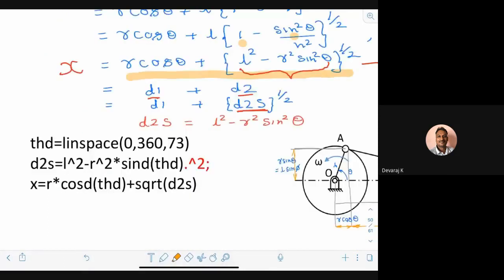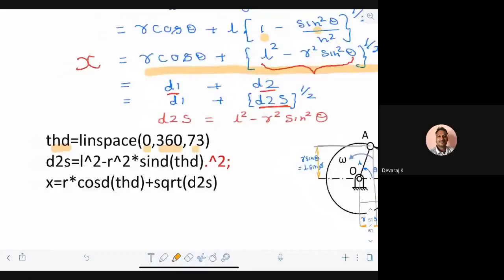When you code it here, remember you have taken theta in degrees between 0 to 360 degrees, 73 values. That means I have divided the crank positions at every 5 degrees, 72 divisions or 73 terms including 0 and 360. And d2s is L square minus R square sin square theta.